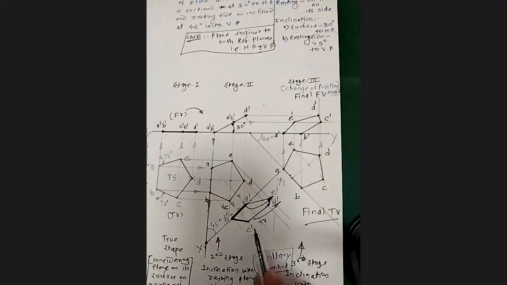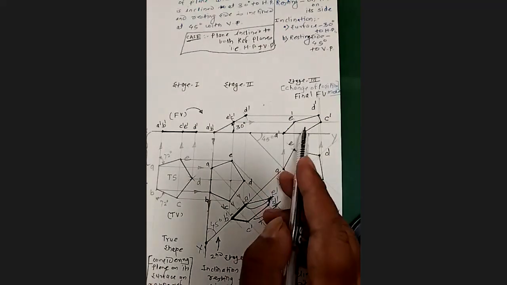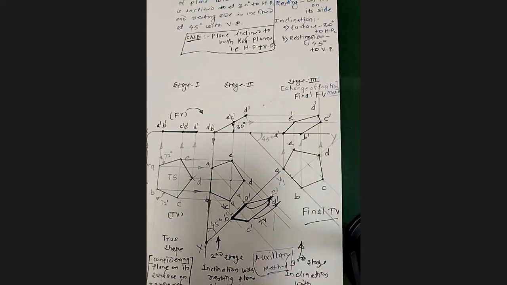See, the answer which you have got as the final front view, if you compare it with this one, it is identical. A little here and there in the measurement, but forget about that.